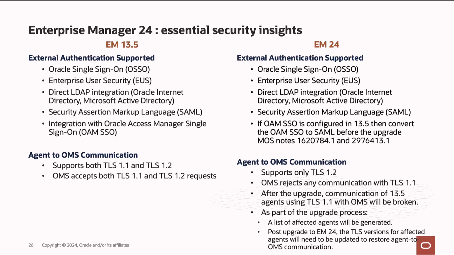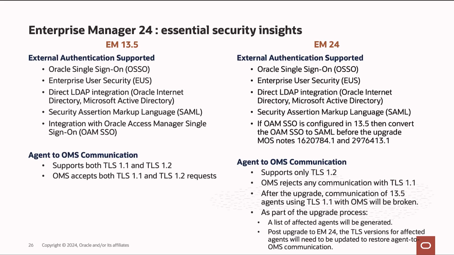In Enterprise Manager 13.5, both TLS 1.1 and TLS 1.2 were supported for communication between agents and OMS, with OMS accepting both protocols. However, Enterprise Manager 24 is now standardized to support only TLS 1.2. This means that if you upgrade to Enterprise Manager 24, any agent still using TLS 1.1 will not be able to communicate with OMS.